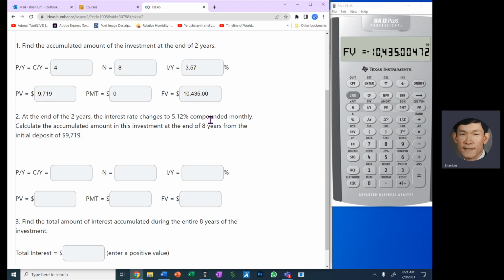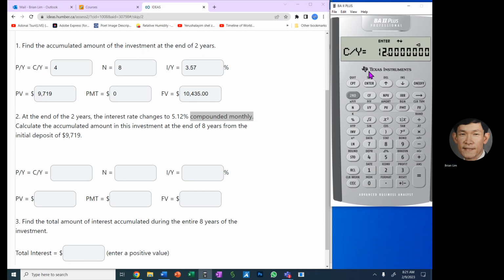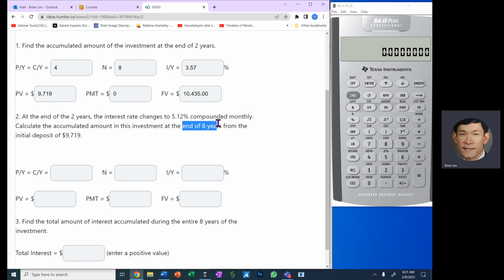All right, so let's go. The interest rate has changed and it's compounded monthly, so let's go back in there and see what is the value for PY, and PY is 4, so we have to change it to 12 because it's monthly. And that is the value for CY also. So we come out of there, and it's for how long? Well, end of 8 years from the initial deposit.